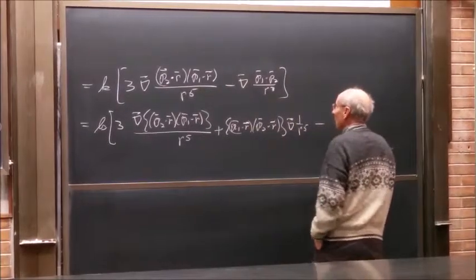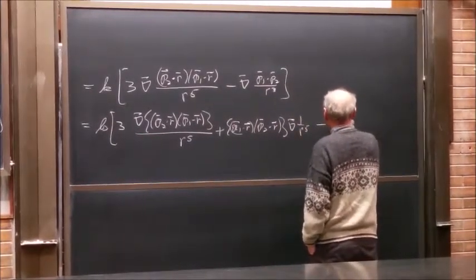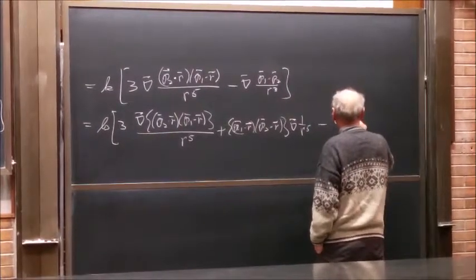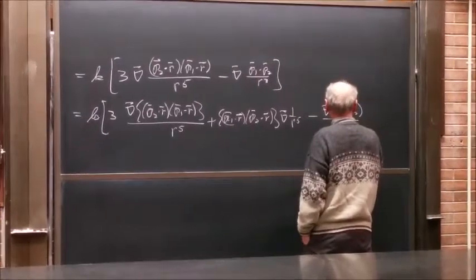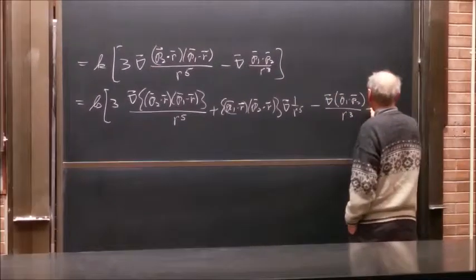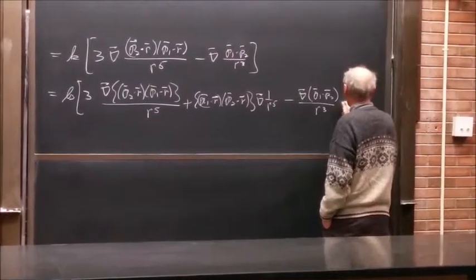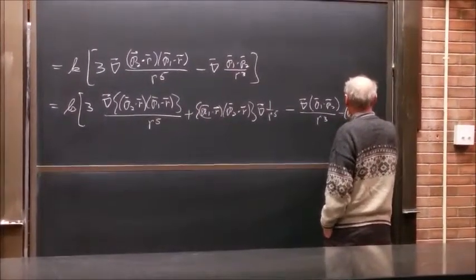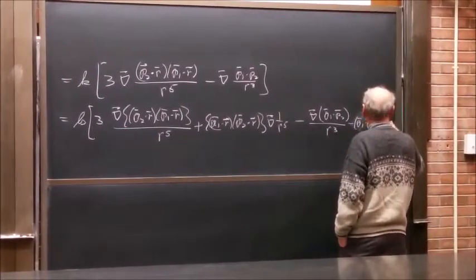Now we do the same thing here. Minus the gradient of P1 dot P2 divided by R cubed, minus P1 dot P2 times the gradient of 1 over R cubed.